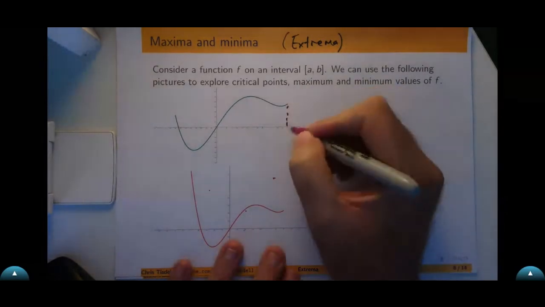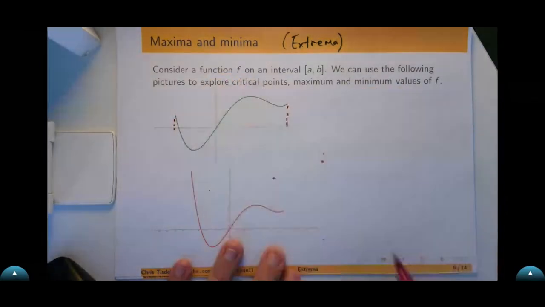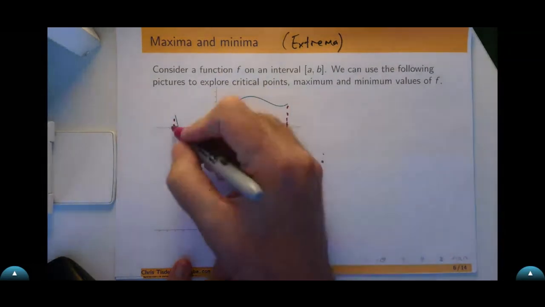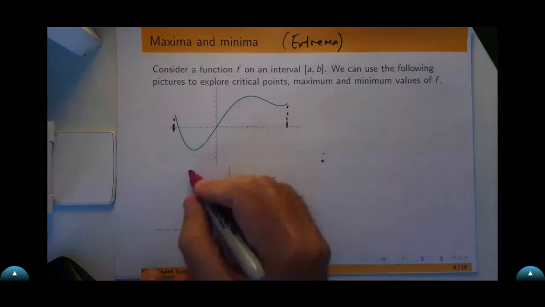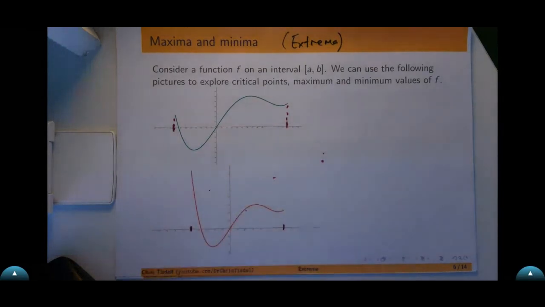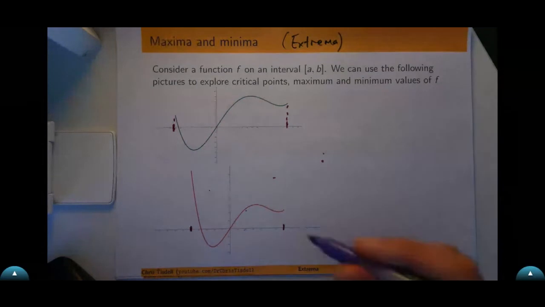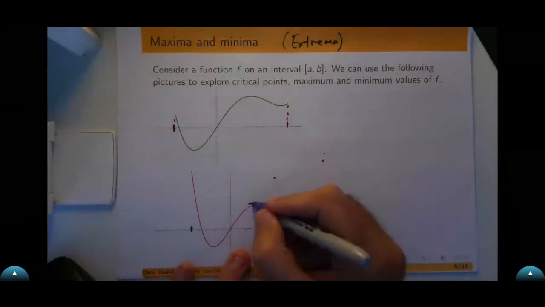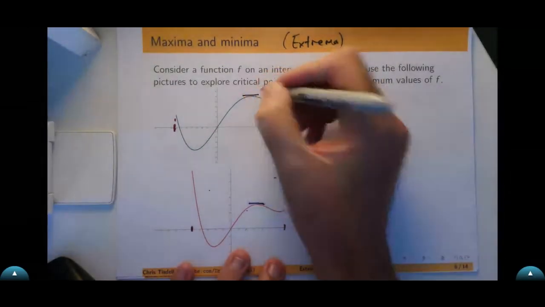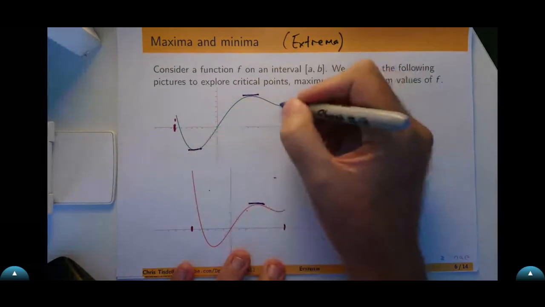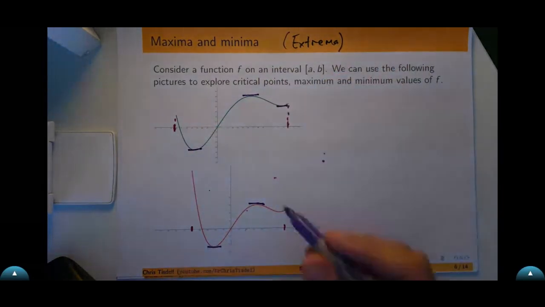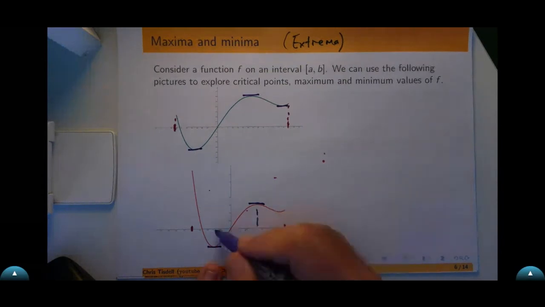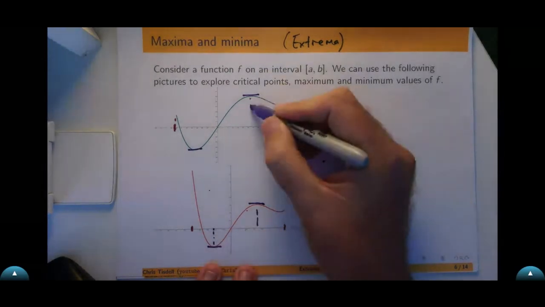Well, you can see that's an endpoint, that's an endpoint. So these will be sort of critical values there, or critical points. That's an endpoint, that's an endpoint. And if you look closely, you can see, well, the derivative's 0 there, it's 0 there, it's 0 there, 0 there, and it's 0 there. So they're also going to be critical points.